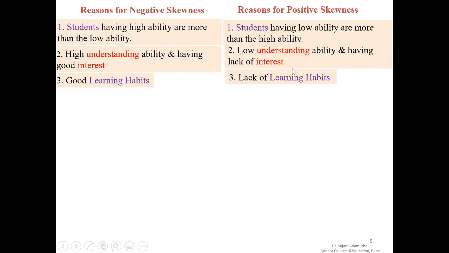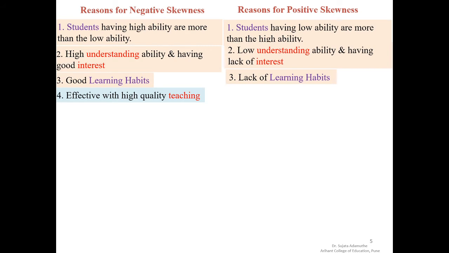Here there is a lack of learning habits. If your habits are not good, that means if you are doing sums in maths by mugging up only, then you can't solve them in the test, and you will automatically get low scores in that subject, and so positive skewness will come there.